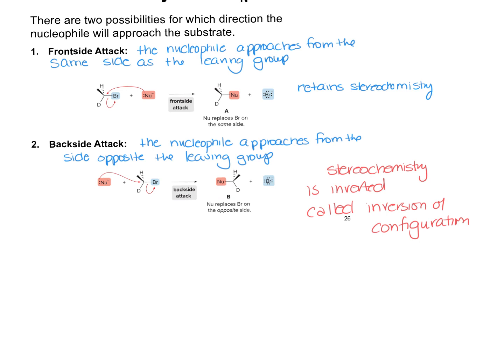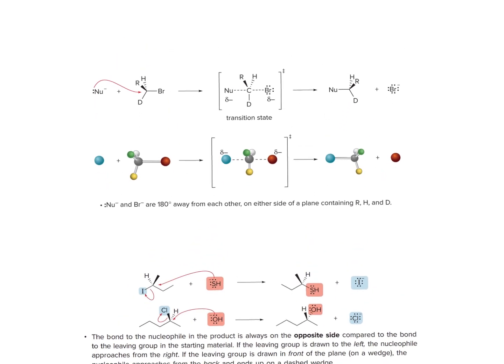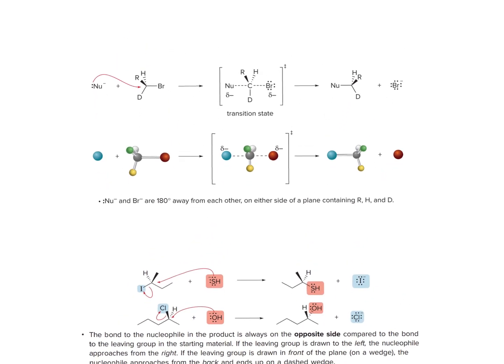So I want us to look at this transition state and some examples. When we look at the transition state, which we've looked at with a specific example, this is a more broad sample. When the nucleophile comes in and attacks through a backside attack, we see that the nucleophile is here and the bromine is here, right?